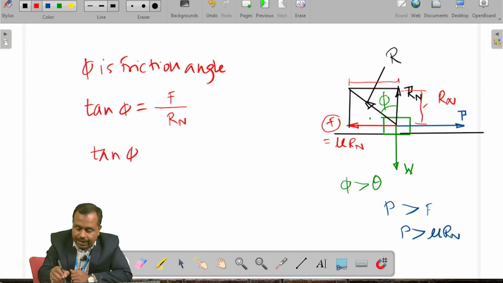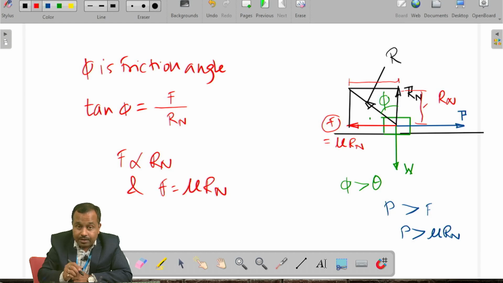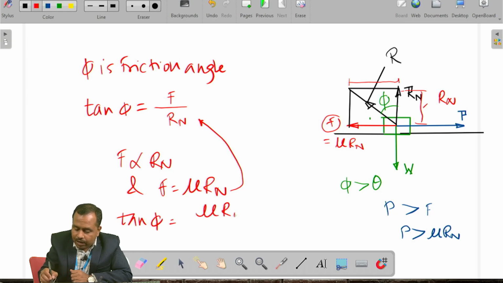So tan of phi is equal to, but I have already discussed in the previous part that F is directly proportional to Rn and F is equal to mu into Rn. So if we put this particular value in this equation, then tan of phi will be equal to mu into Rn upon Rn.